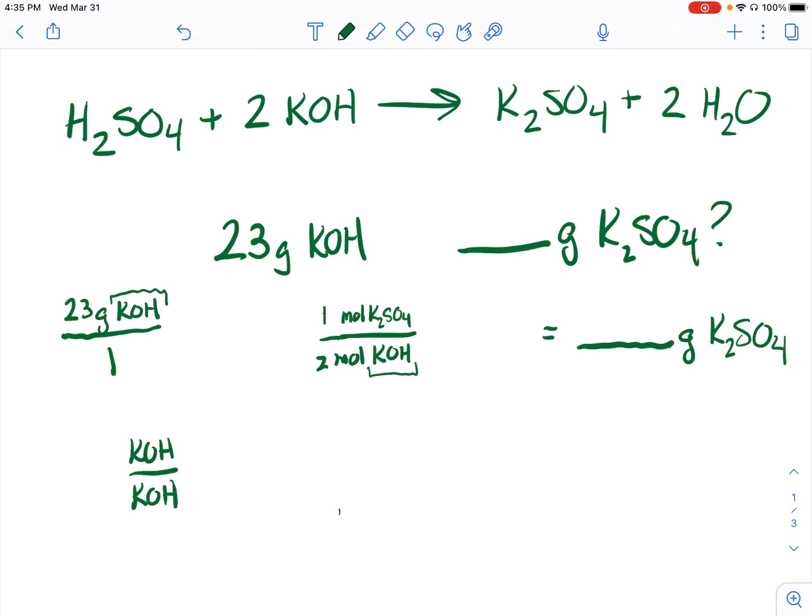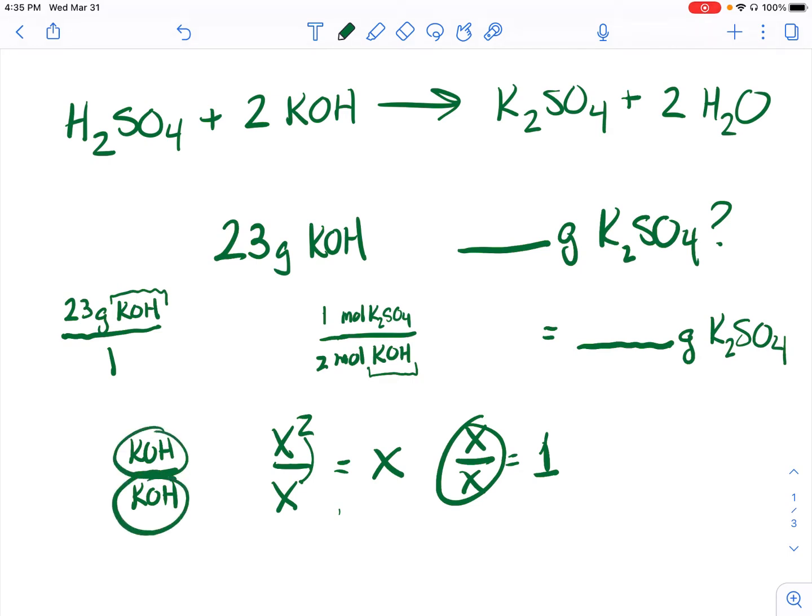It's like if I have x squared over x, what does that equal? That equals x. You subtract the exponents, one of them cancels out. Well, what if I have x over x? Anything over itself equals 1. So a unit over a unit, which in this case, the name of the substance is actually a unit like meters or liters, anything over itself cancels out.